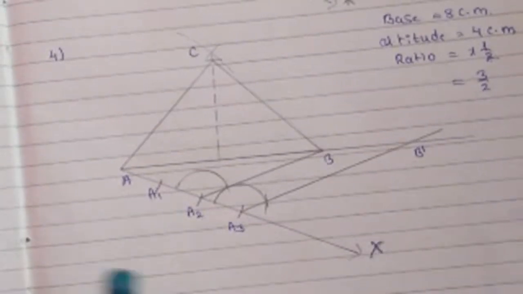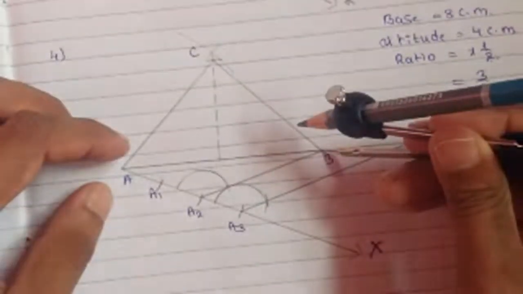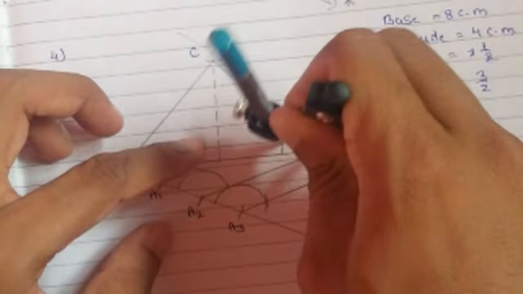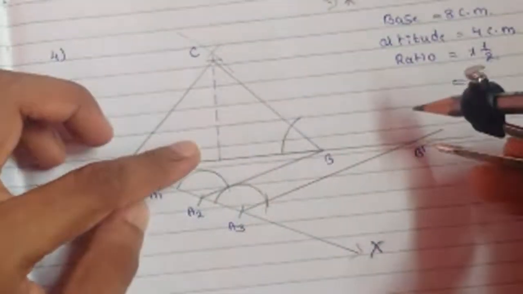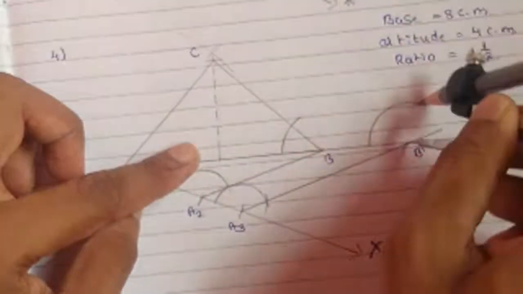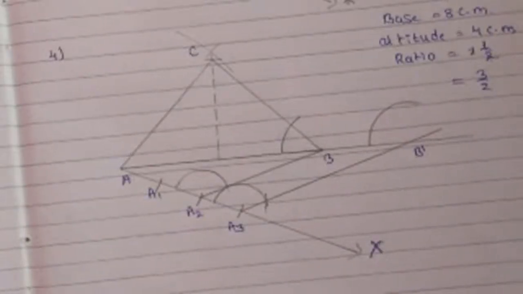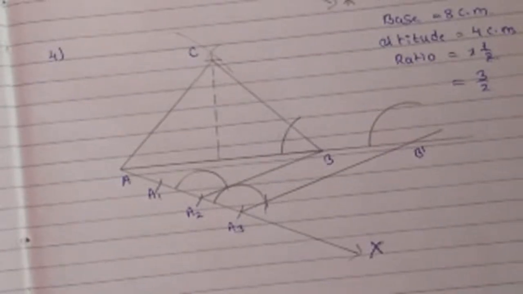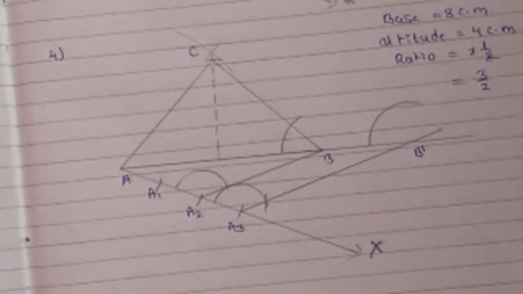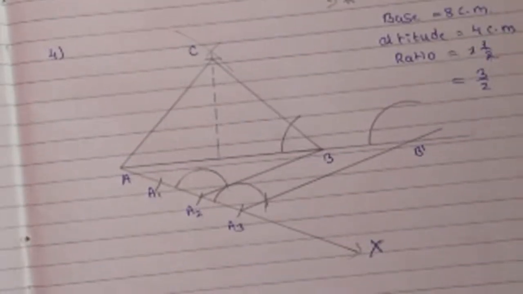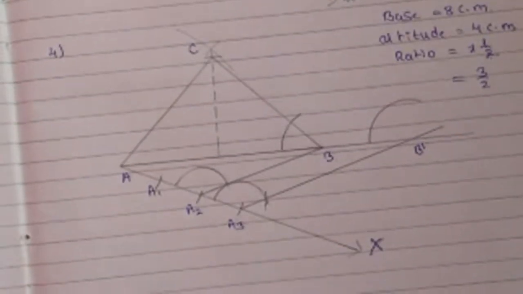The next step we have to draw an arc from point B, and from B dash also we have to draw an arc. So you have to use sharp pencil and proper scale and compass, because a small alternation change in the length gives wrong answer.